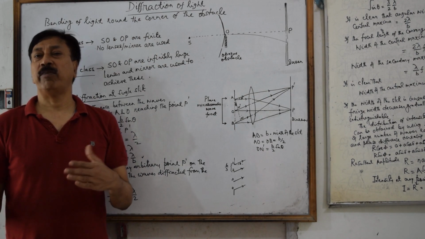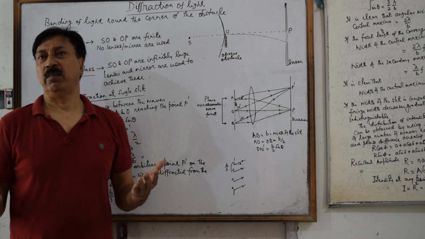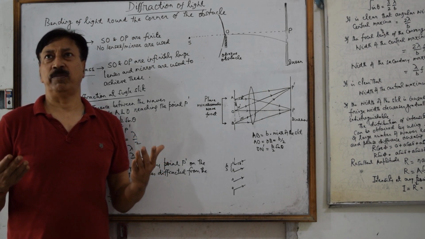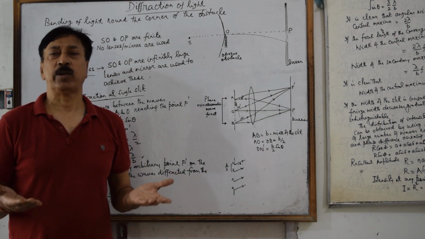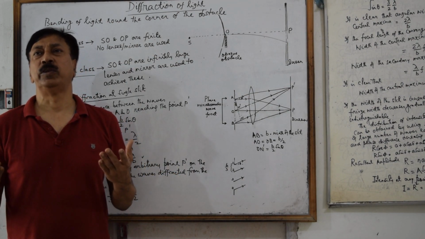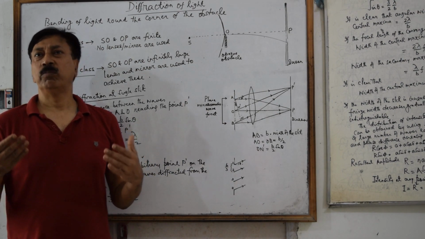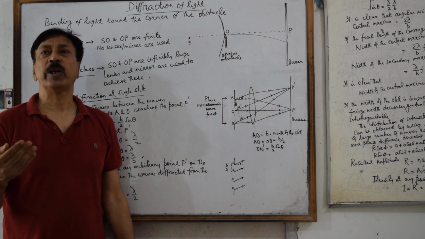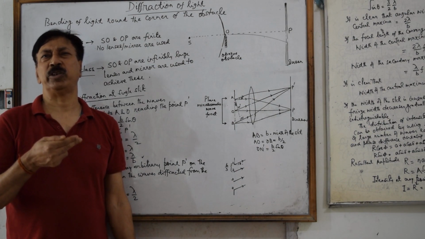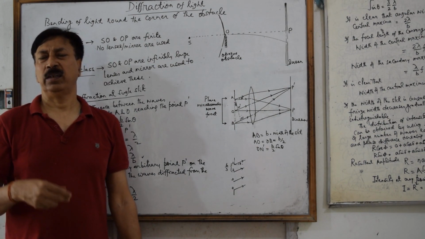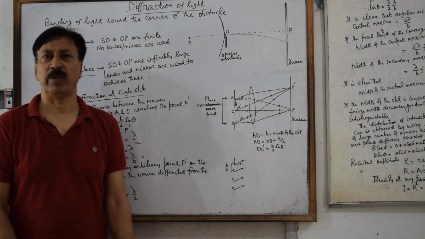Light waves have a wavelength ranging from a fraction of a micrometer to a micrometer, and therefore an obstacle which has the same dimension, say the edge of a blade, can be used for the diffraction of light.